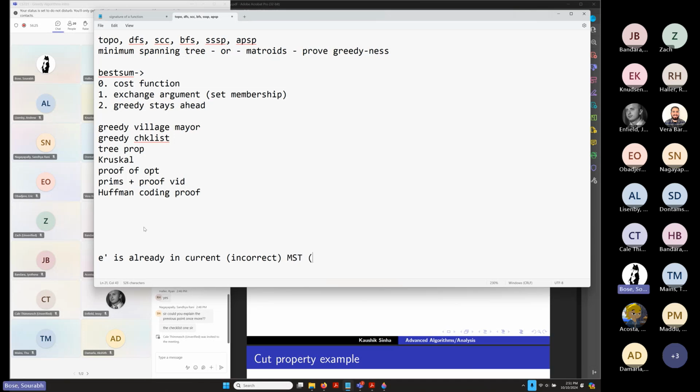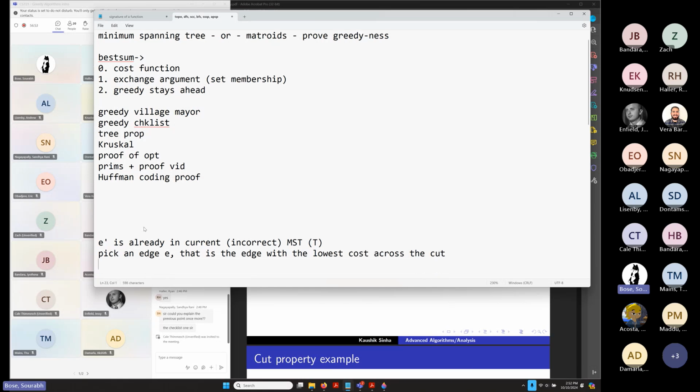Let's call that tree T. What you are saying is we are going to add E, or pick an edge E, that is the edge with the lowest cost across the cut.